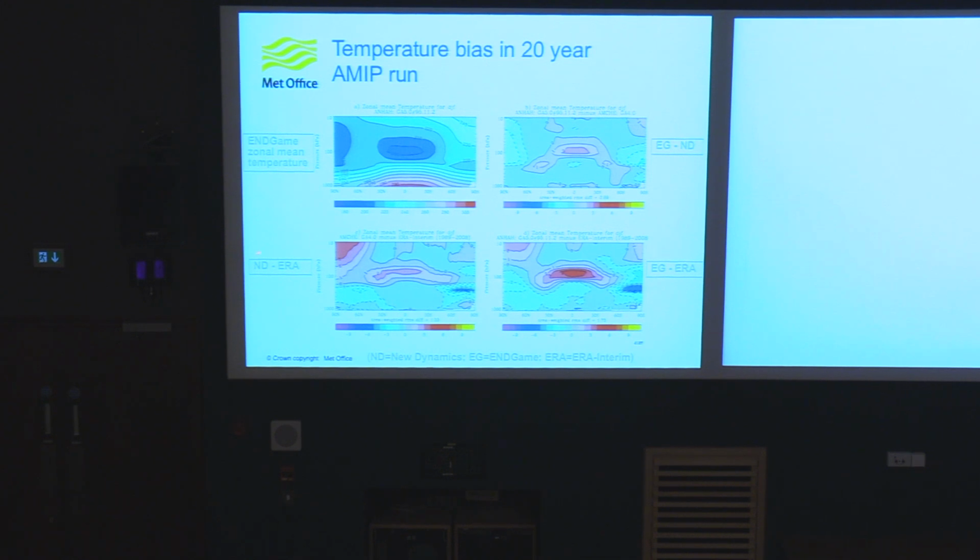New Dynamics was the old dynamical core that ENDGame replaced. If we compare that with ERA-Interim, we see a relatively small bias, still there, but much smaller than ENDGame. And if we look at the difference between the two, we see about a 2 Kelvin increase in that bias. So this is not good news.